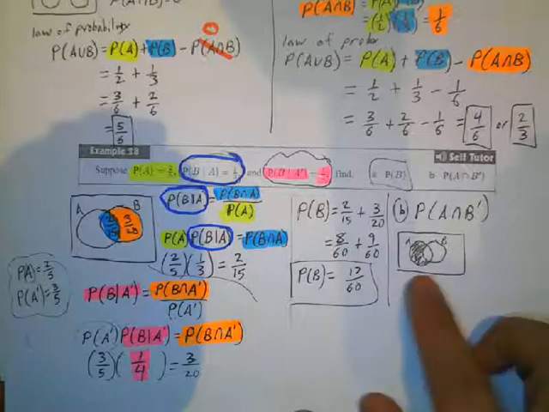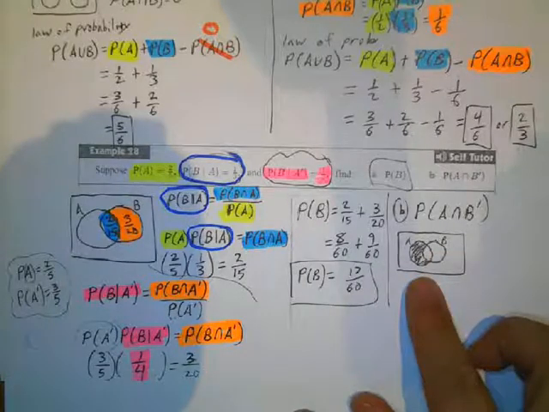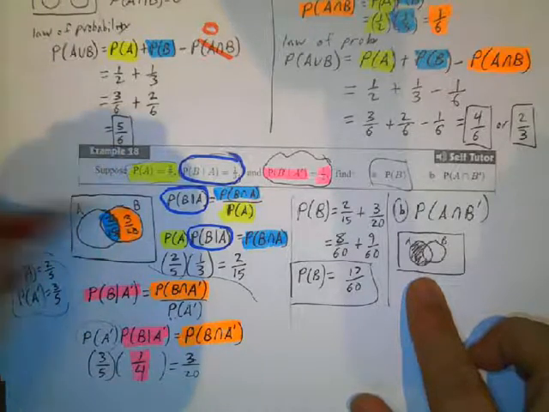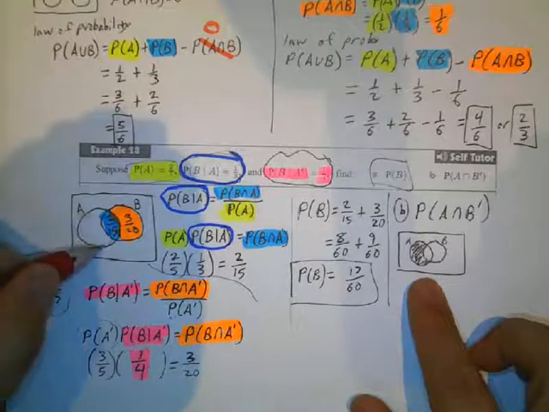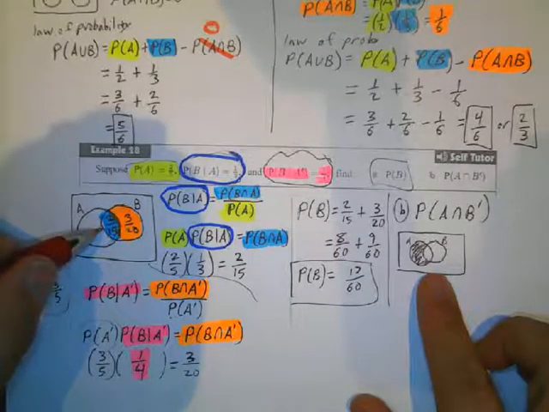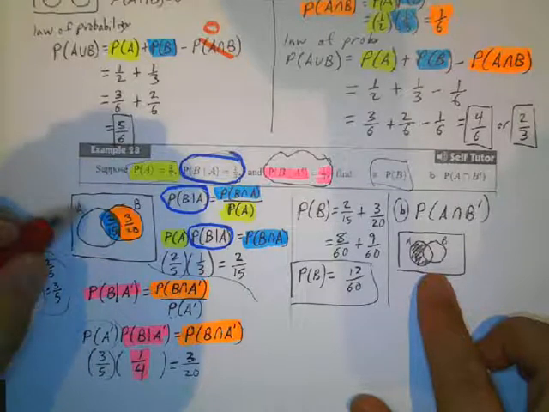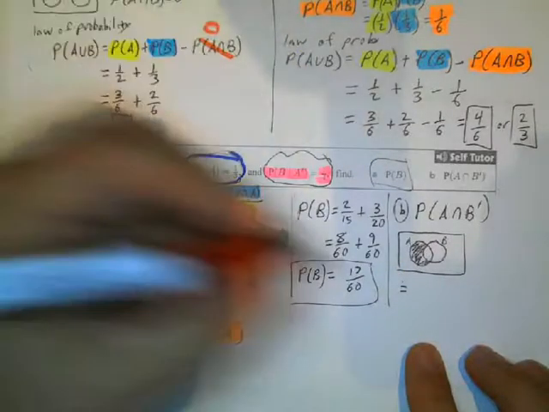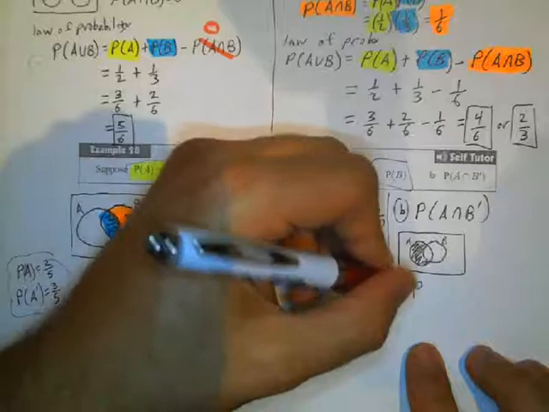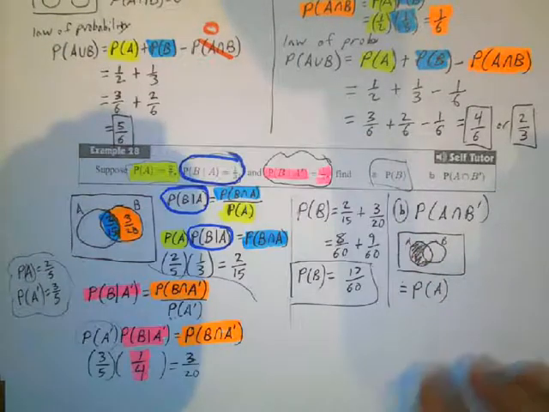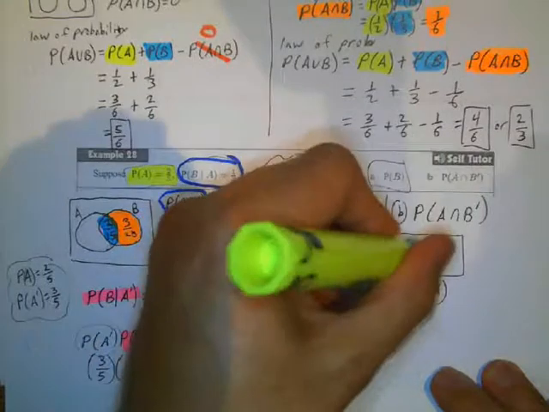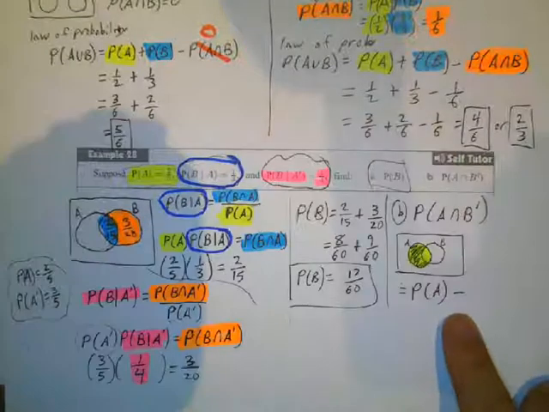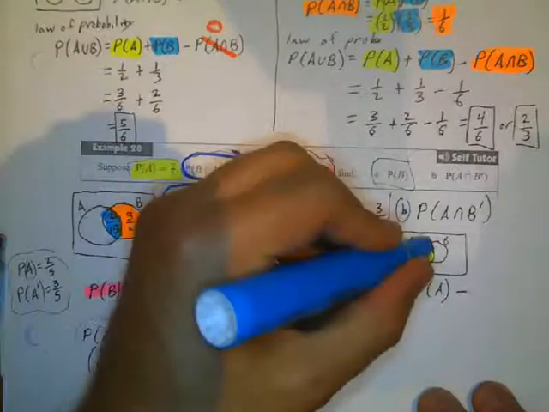Okay, so how do we figure this out? So we know the probability of A is 2/5. So this whole circle is 2/5. And if we subtract the blue region, then the light blue region, then we're going to have this part right here. So what I'm going to do is this is going to be equal to the probability of A, that's the whole circle, right? Minus the football-shaped wedge.